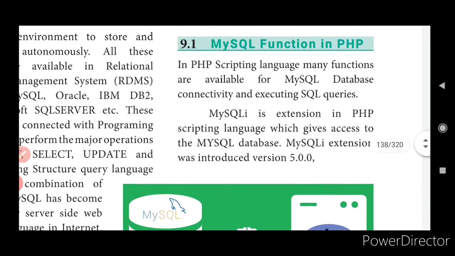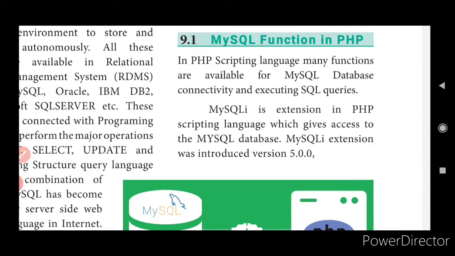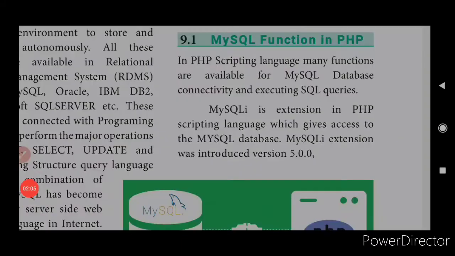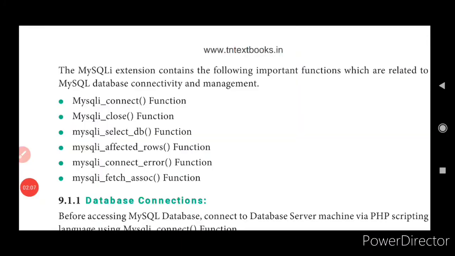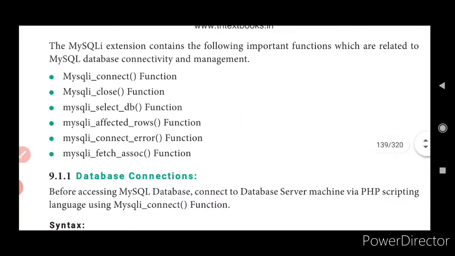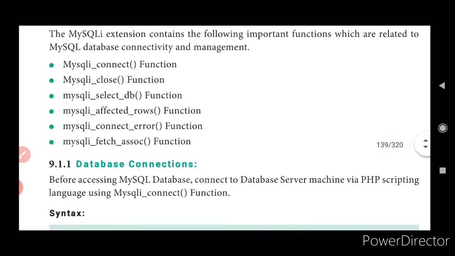MySQLi extension has a version 5.0.0. Using the MySQLi extension, we perform connect, close, select the DB, affected rows, connection errors, and fetch assoc. All these operations are related to your MySQL database connectivity.